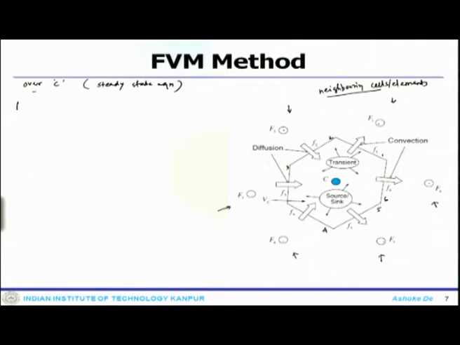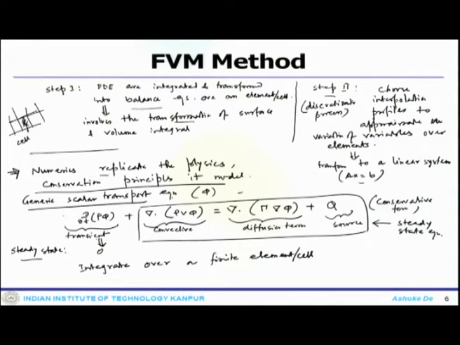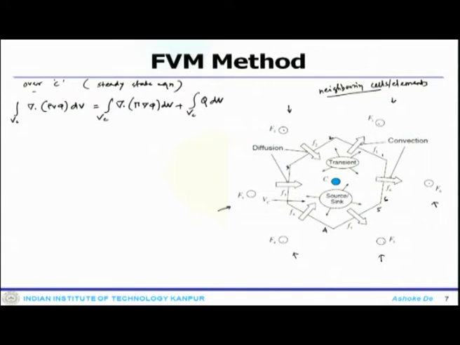You get the volume integral over Vc of del dot rho V phi dV, equals the volume integral of del dot gamma del phi dV, plus the volume integral over Vc of q dV. If you look at the steady state equation, you have convective term, diffusion term, source term. So, you integrate this equation over the cell C.